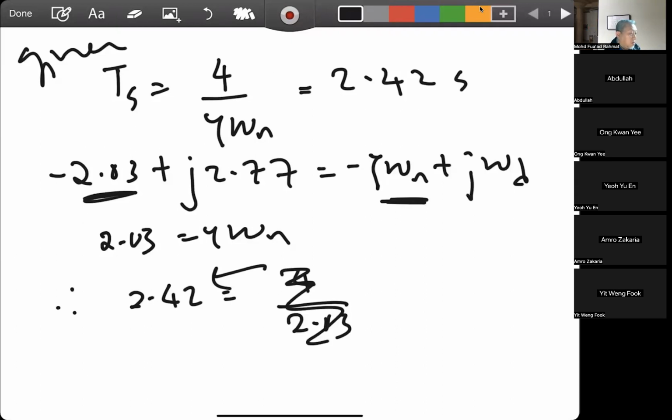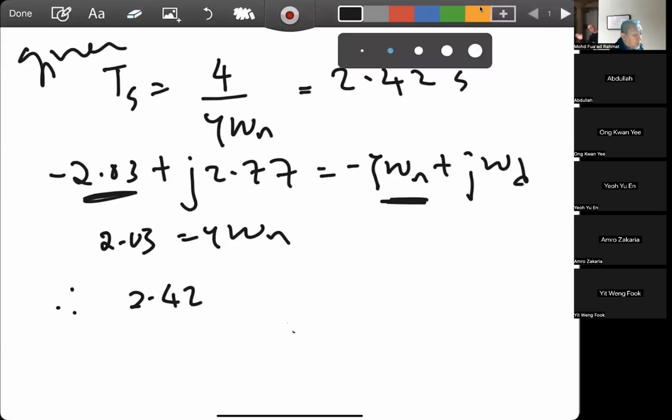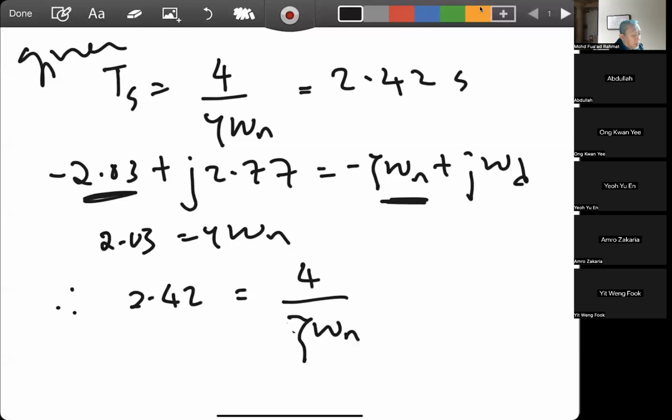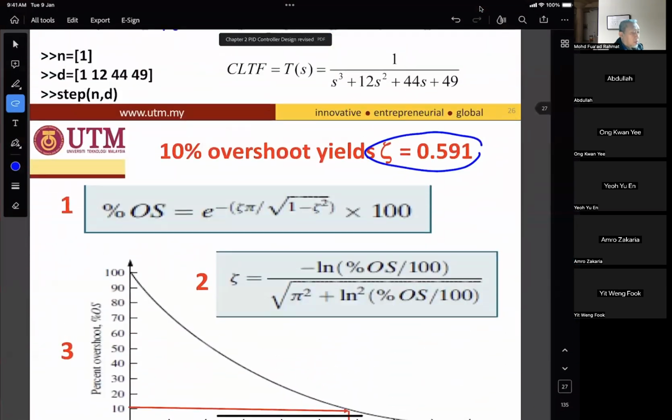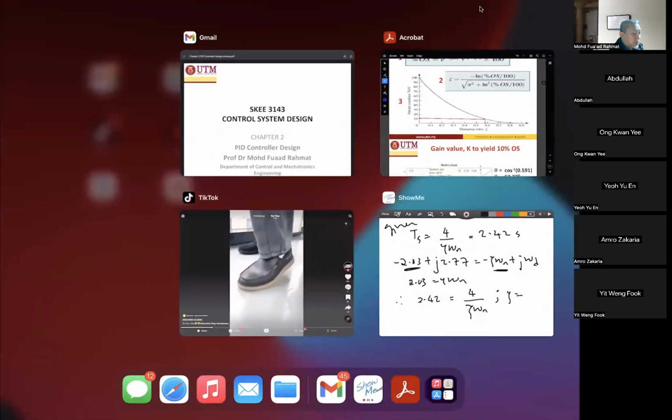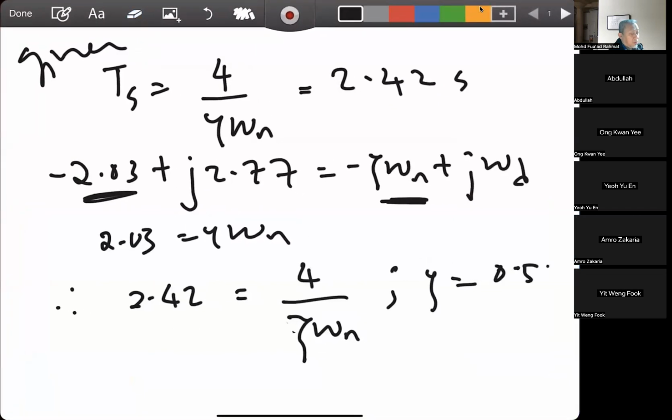I delete this one first. The settling time is 2.42, and then the formula is pi over zeta omega n. Zeta is given as just now, 0.591.